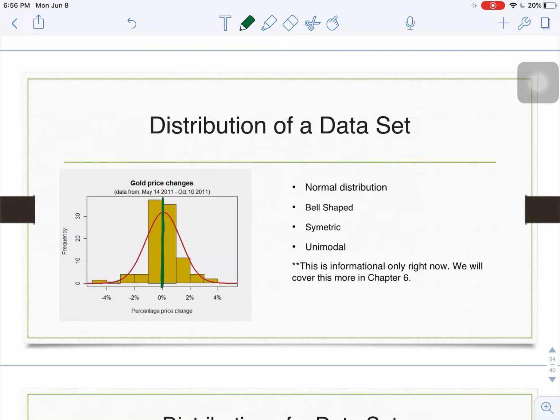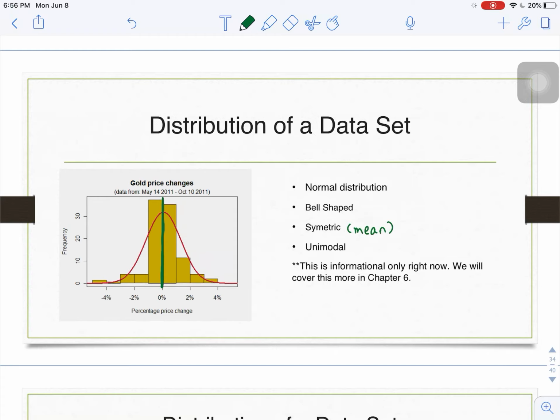And when I talk about 0, I'll go into it more with chapter 6. But oftentimes I'm going to talk about the standard deviation. If it's normally distributed, it's going to be symmetric around the mean.